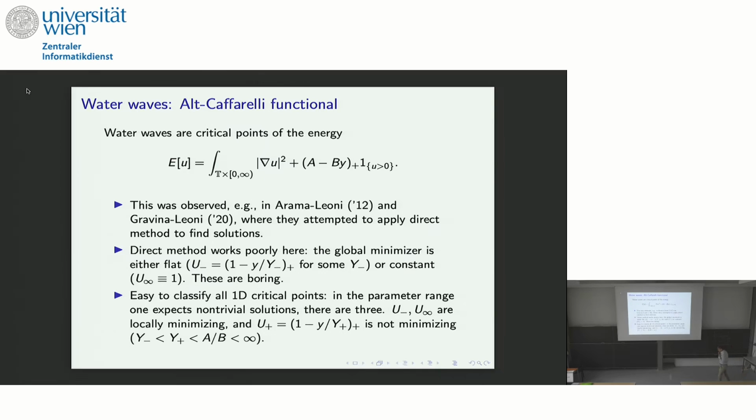So I can classify all of the 1D solutions here. This is not very hard. And depending on the choices of parameters A and B, for the parameter range that I care about, there will be 3 of them. There's one over here, which I call U minus. There's another one, which I call U plus. And there's one more solution, which I call U infinity, which is identically 1.